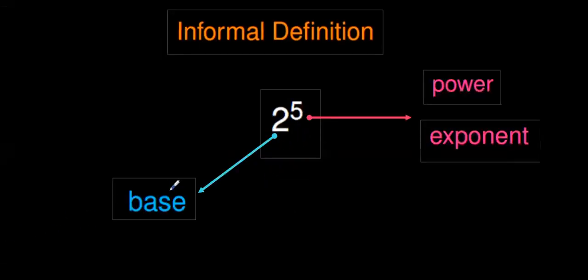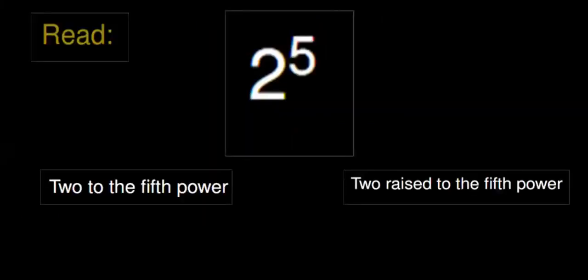In an expression like this, the 2 is called the base, and the 5 is the exponent or power. This is sometimes read, as I wrote for you, 2 to the 5th power, or 2 raised to the 5th power.